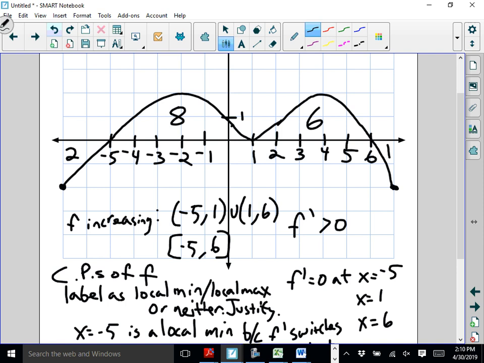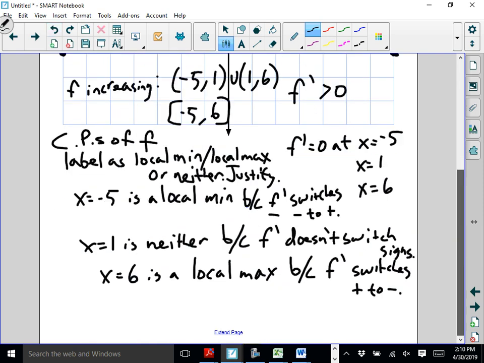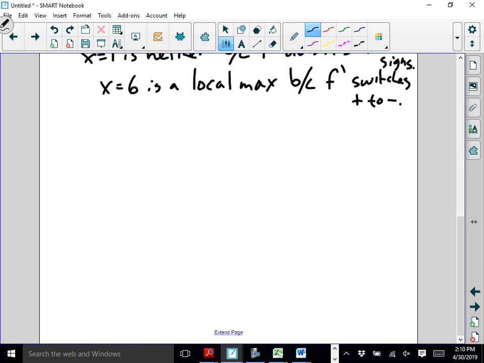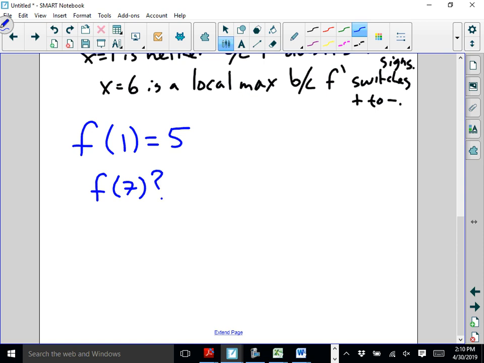Okay? Now here's what they're going to tell you. Here's the problem. I'll use a different color so it stands out. They might say, just so you know, f of 1 equals 5. Tell me, what is f of 7? So here's what we need to know.